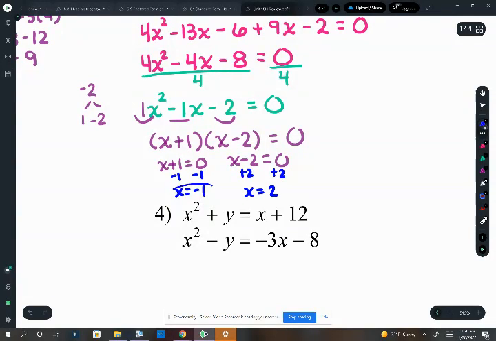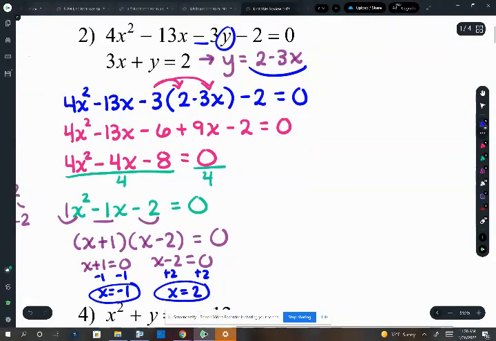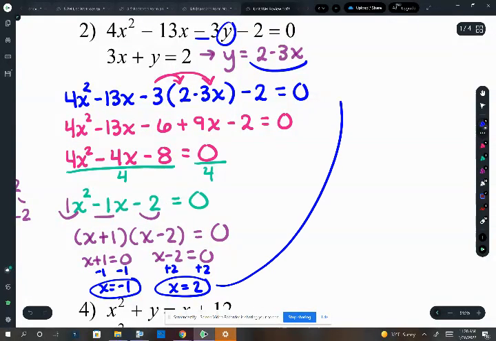And again, we're going to take these two solutions and take them all the way back to the top where we solved for y and plug them in. So y1 is 2 minus 3x, and we plug in the first point, which is -1. So we have 2 plus 3, which is 5.